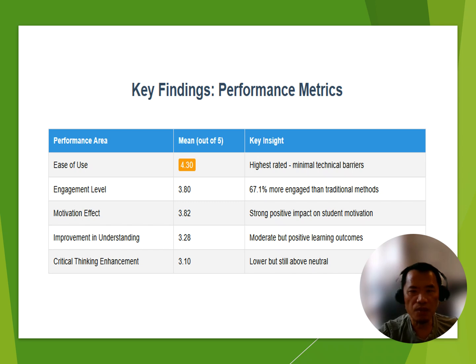Engagement and motivation received positive ratings, means 3.8 and 3.82, with 67.1% finding AI-assisted assignments more engaging than traditional approaches. However, perceived educational value, mean 3.38, and improvement in understanding, mean 3.28, fell within moderate ranges.